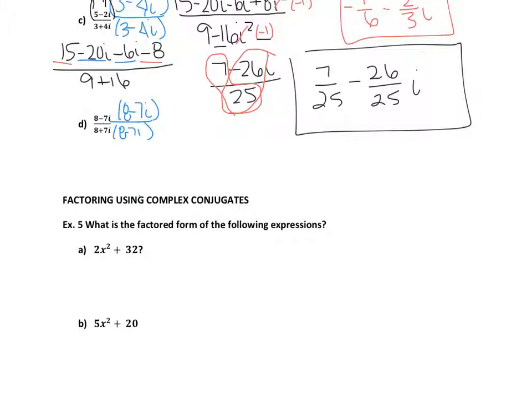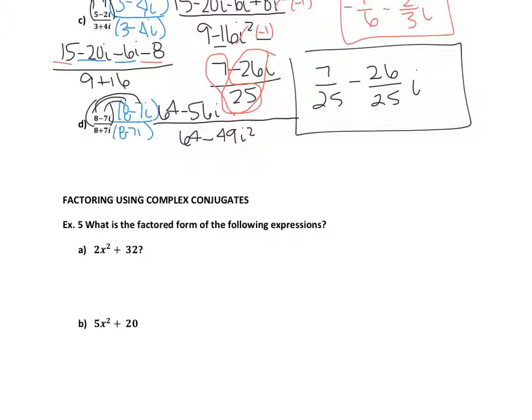So on the bottom, we created it to where we only multiply our first and our last terms together. So that's going to be 64 minus 49i squared. And on the top, I'm actually going to FOIL those together. 8 times 8, 64. 8 times negative 7i, negative 56i.